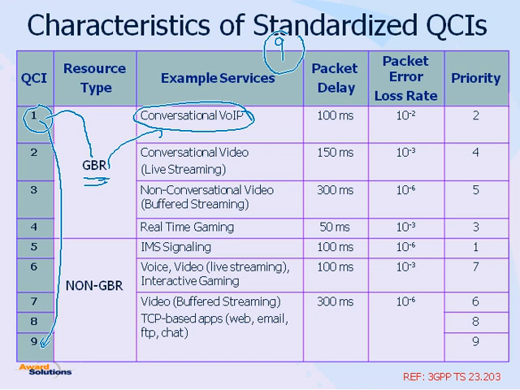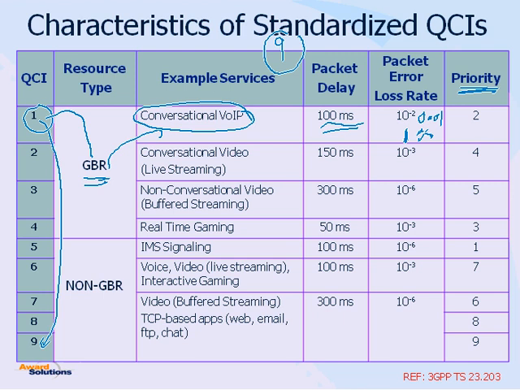In that case, we want to control the delay such that it is less than 100 milliseconds. The error rate we can tolerate is 1%, so 0.01. So out of 100 packets, if we lose one packet, no problem, we can tolerate that. And then associated with QCI, there will be some priority.